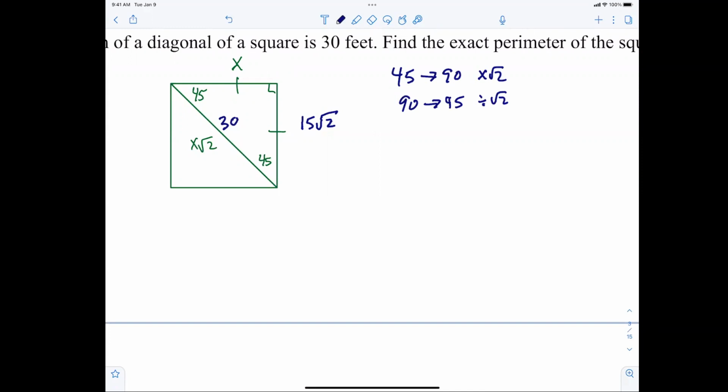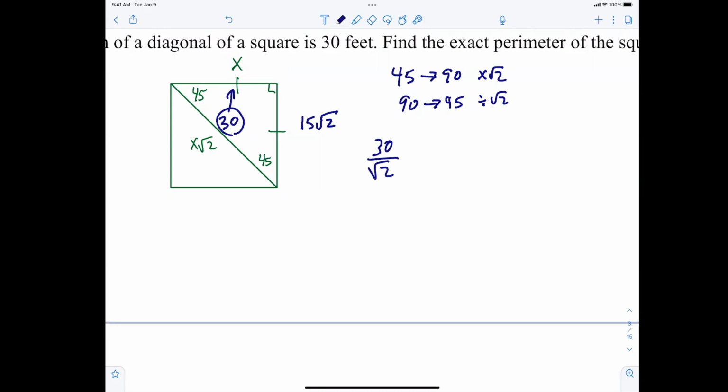So I'm going from the hypotenuse to the leg. So what do I do? Divide by radical 2. And that's what I'm saying. I can do all of the notes for you, but you've got to apply the information.